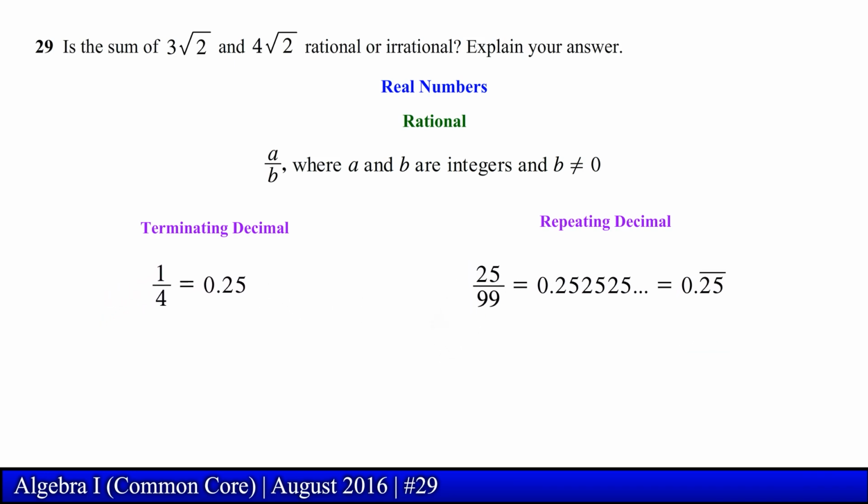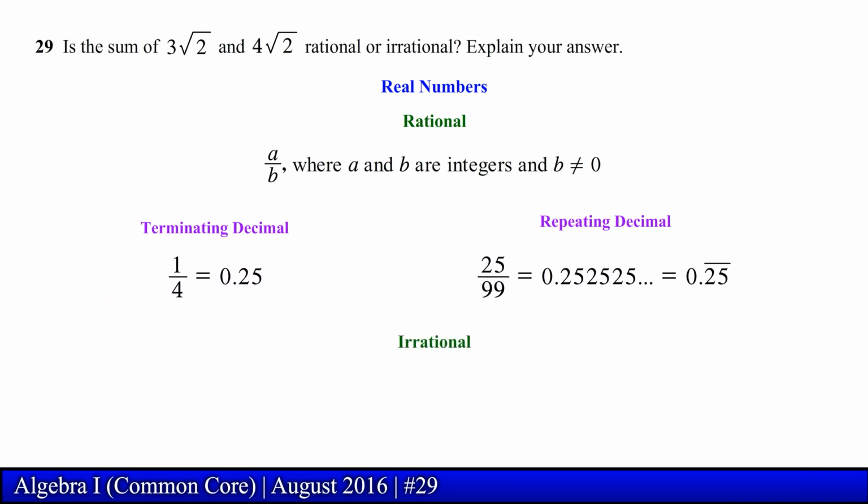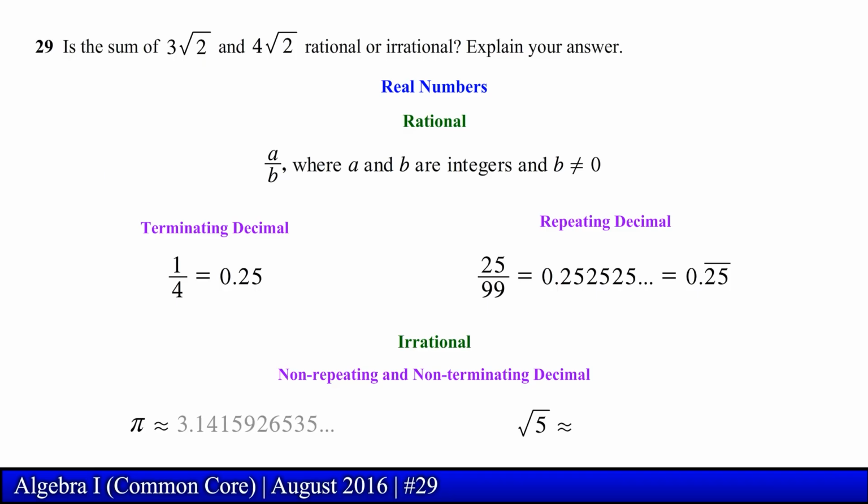An irrational number, on the other hand, is a number that cannot be written as a ratio of two integers. For example, the number pi and the square roots of non-perfect squares, like the square root of 5, are examples of irrational numbers. When we write the decimal form of an irrational number, we obtain a non-terminating decimal similar to a rational number.